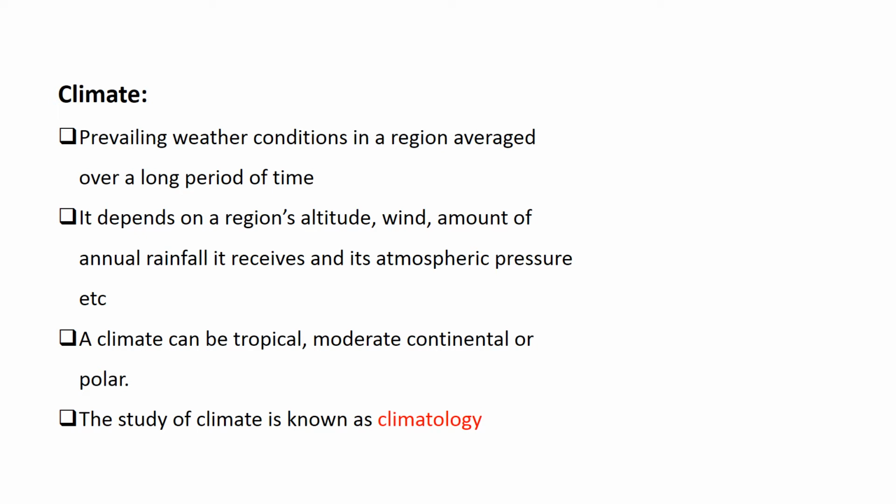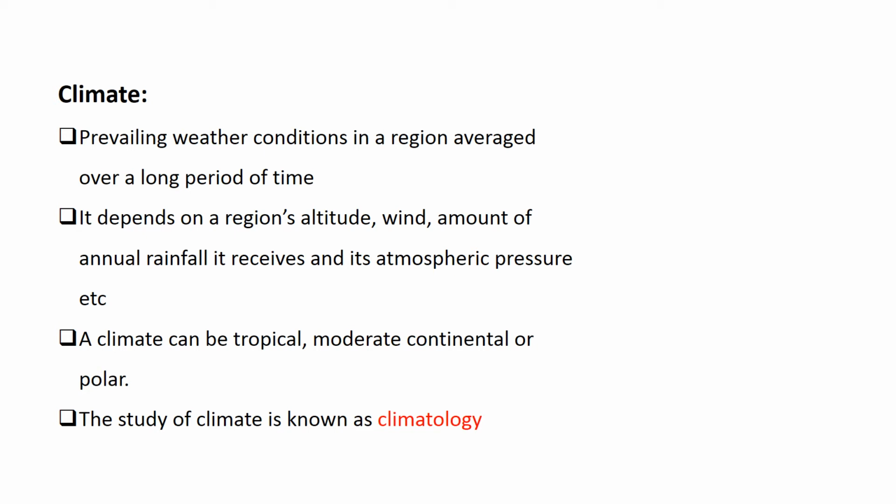Now, let me tell you the difference between weather and climate. Climate is basically the average weather of a place over a long period of time, whereas weather is a day-to-day pattern. It is what weather forecasters predict daily on TV and radio.